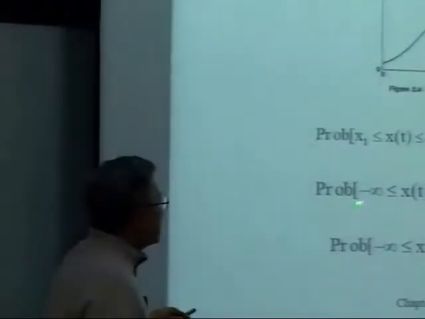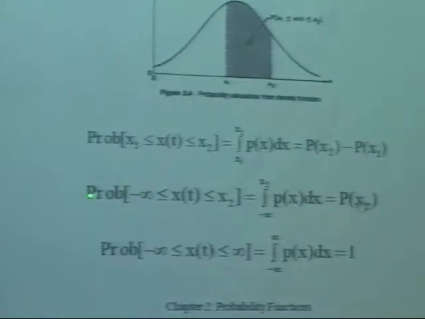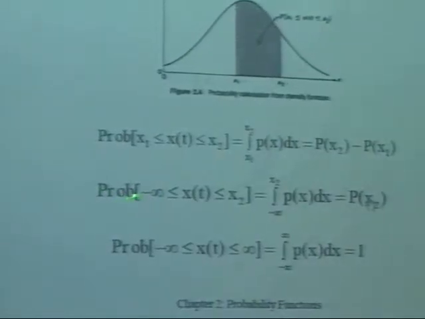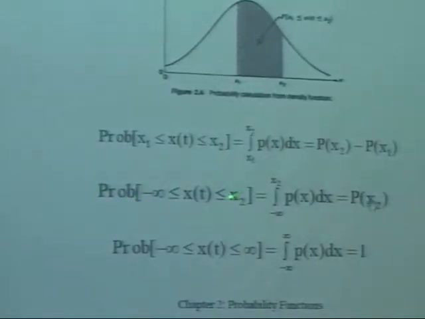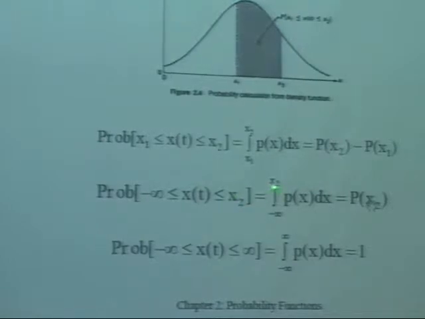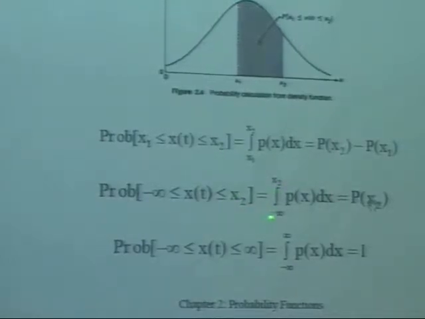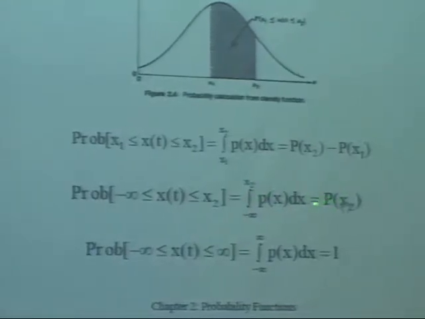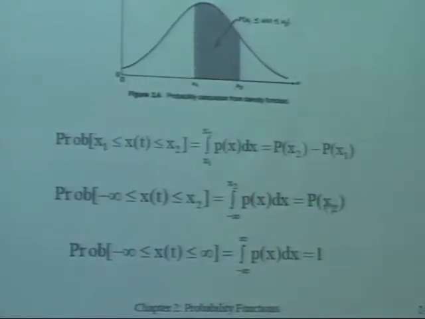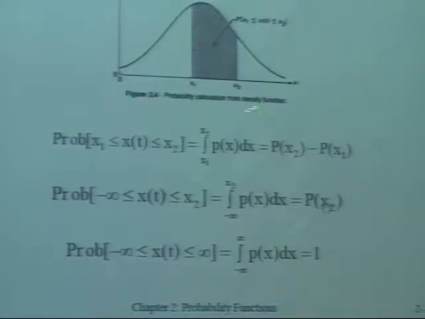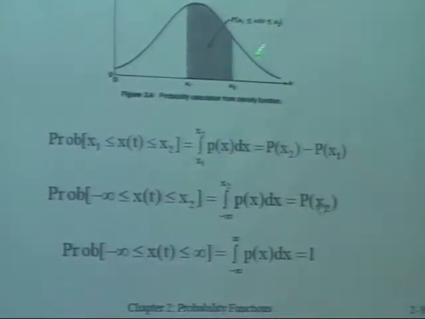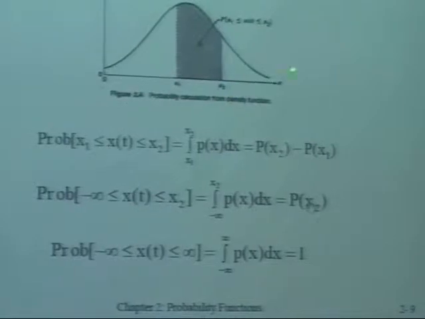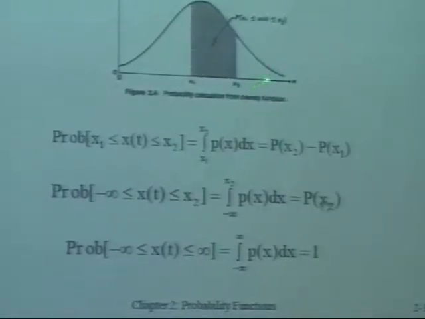Okay, so now on the left, this is a probability such that up to x2, which is the area from minus infinity to x2. This is the probability distribution function up to x2 here. So this is, let's say, 180 centimeters.